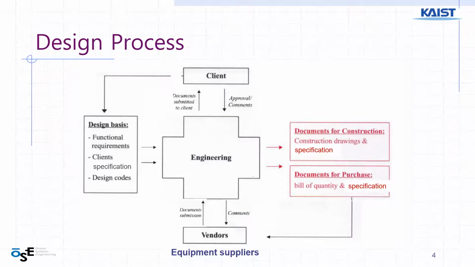When I build my home, I may choose my own chandelier or kitchen facility, or sometimes toilet, bath. So that kind of thing is fixed by the client. So in shipbuilding or ocean plant, the client usually fixes important major facilities, some of important major facilities, including many times the main engine.